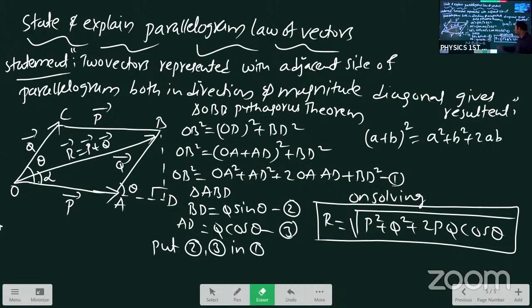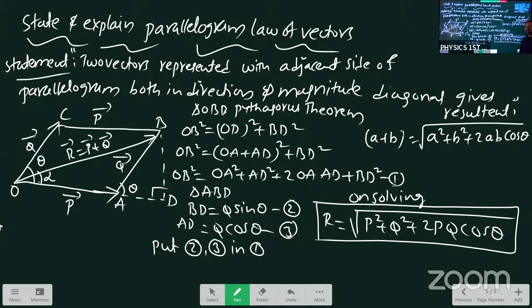Square. Right side, root. The extra cos theta comes because of vector resolution. The X component is nothing but cos theta. A plus B whole square equals A square plus B square plus 2AB, with extra cos theta coming.